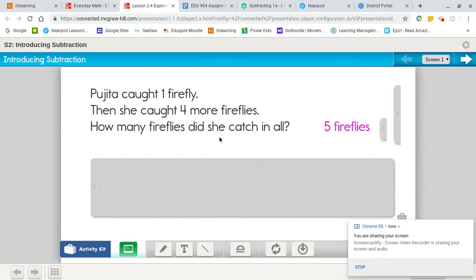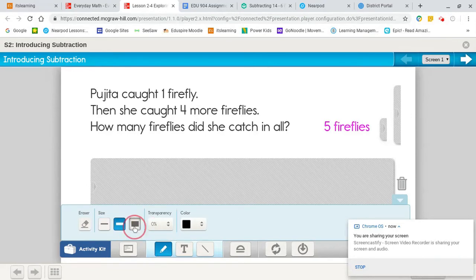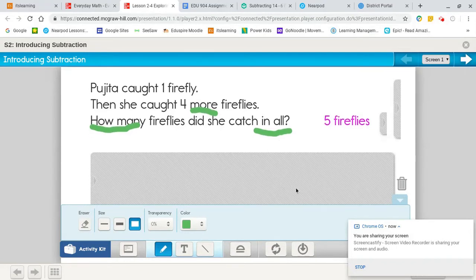Some words you might be thinking about may be words like more. It says here, she caught 4 more fireflies. You also might see at the end, it says, how many in all? When you're trying to get the total amount, then you're going to be adding.